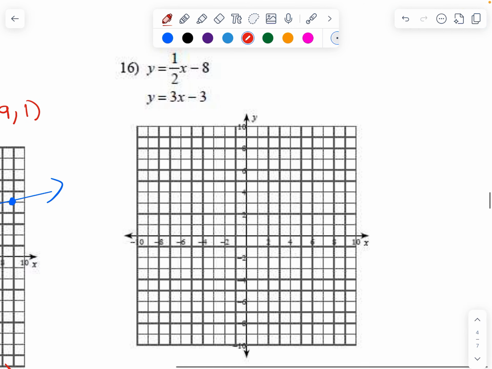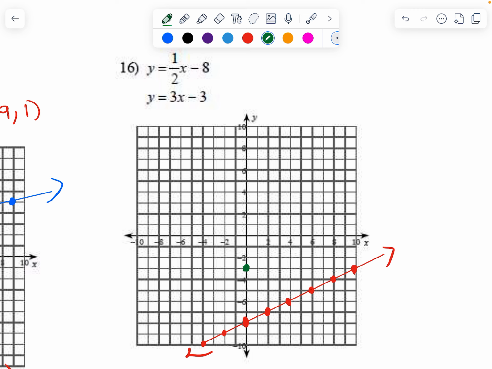This one, I go down to -8. I go up 1 over 2, up 1 over 2, up 1 over 2. I don't know why these lines are different colors. Very weird, but that's okay. I'm going to do green. So I'm going to go to -3 and plot a point.